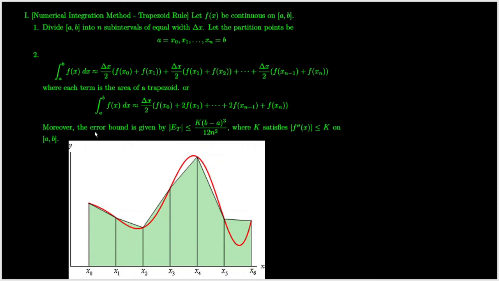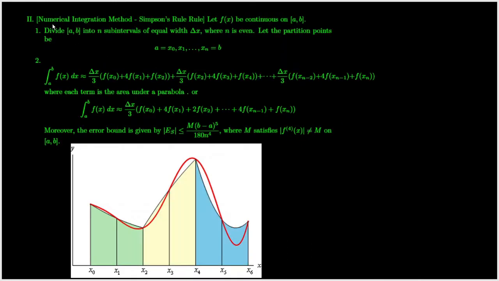It's called the formula for the error bound. It's denoted by ET, T for trapezoid, E for error. We do not prove the formula, but we'll illustrate how to use the formula to estimate the error. Any estimation is useless if you do not know how to estimate the error.